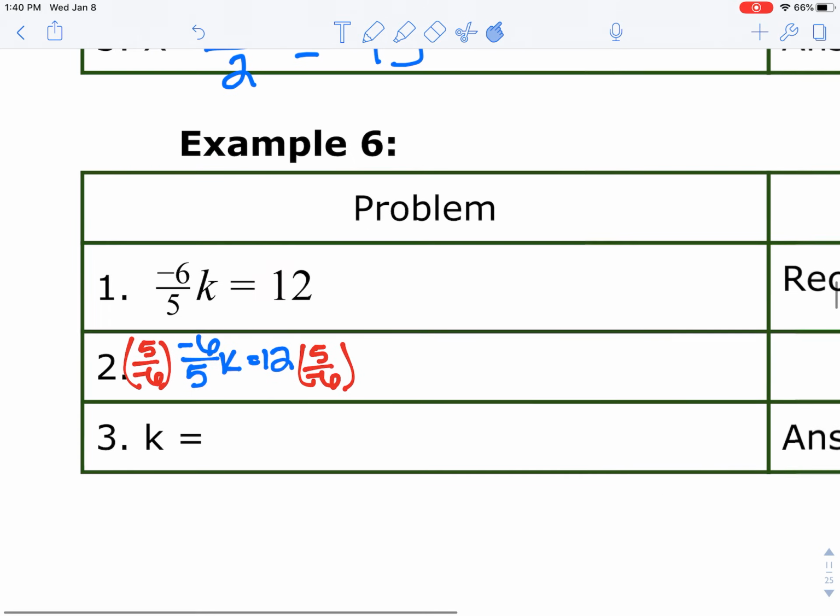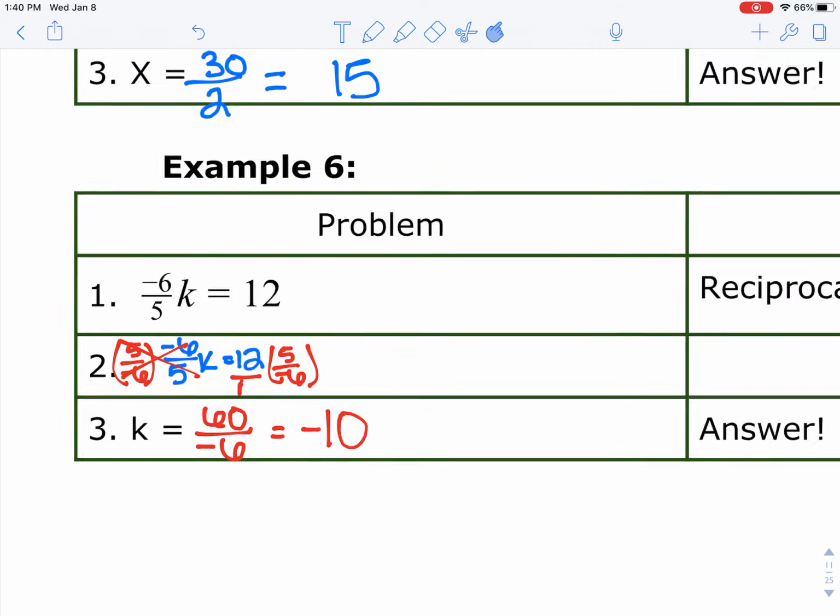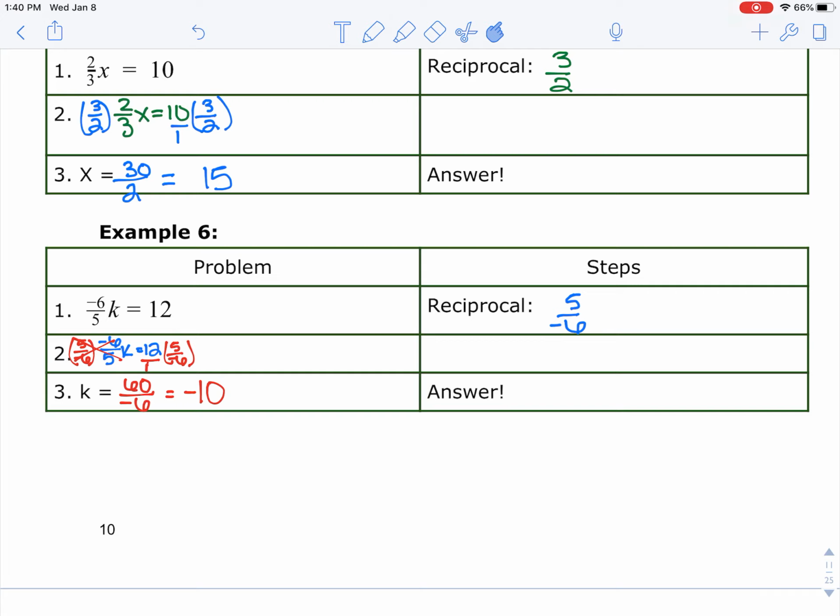All right, so when I do that, my fraction cancels and leaves me with 1k. It'll simplify down. 12 times 5 gives me 60. 1 times negative 6 gives me a negative 6, and I can simplify that down to negative 10. So k equals negative 10 is my final answer.